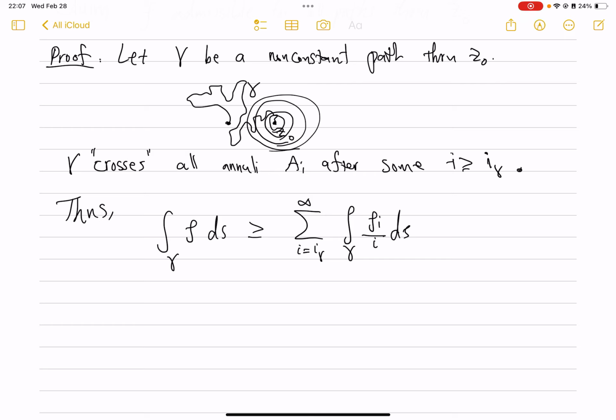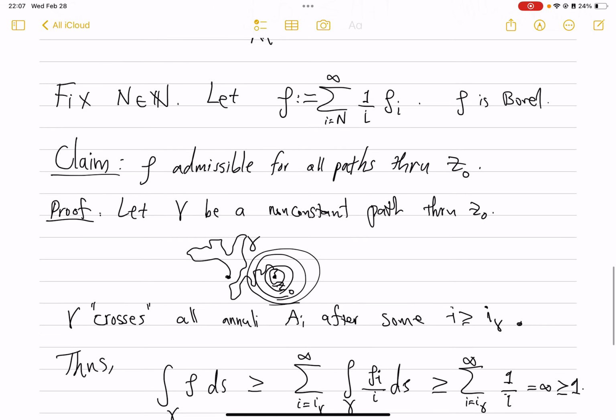You don't have to pass to the subpath because rho I is supported only on A I anyway, but each one of these integrals is at least 1, so this becomes the summation of 1 over I going from I gamma all the way to infinity. That's always infinite, because it's a divergent series, which is always bigger than 1. So I have an admissible function for this path family.